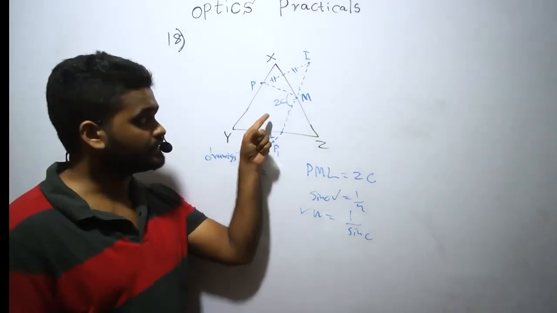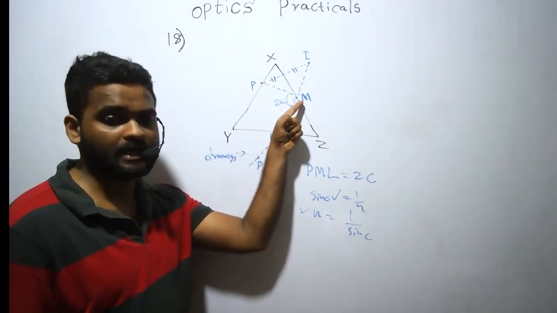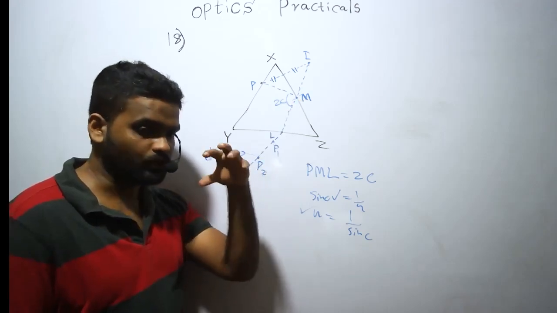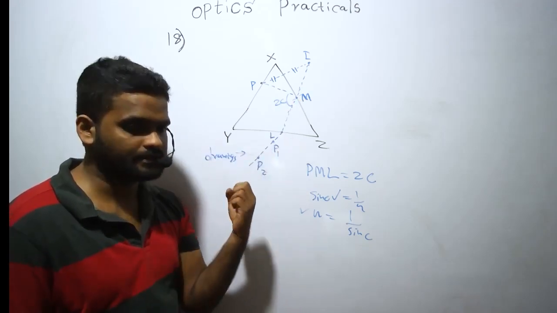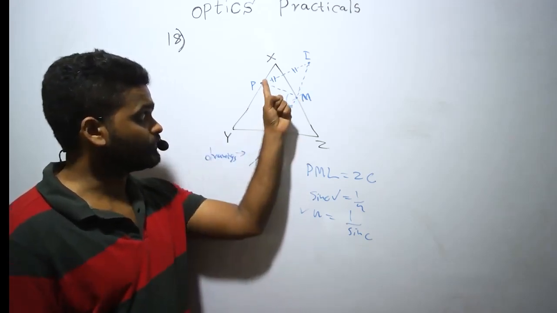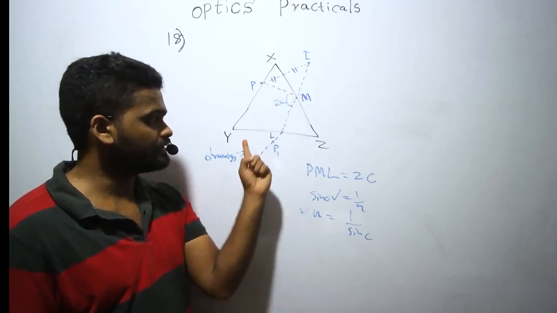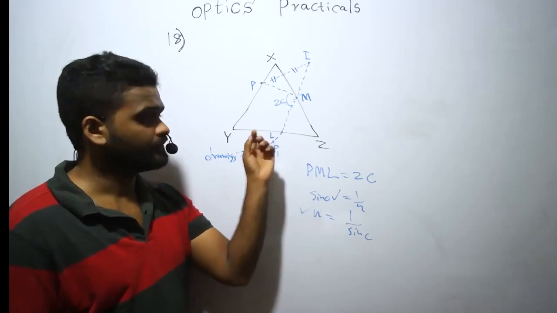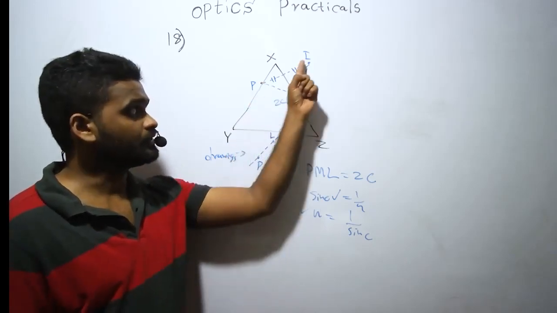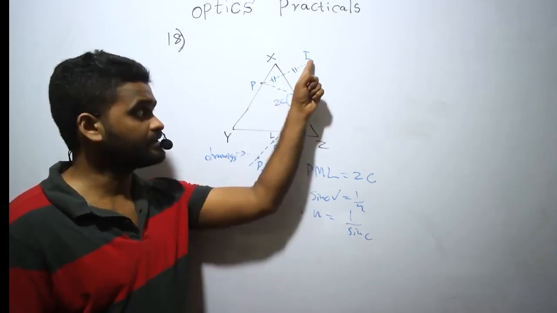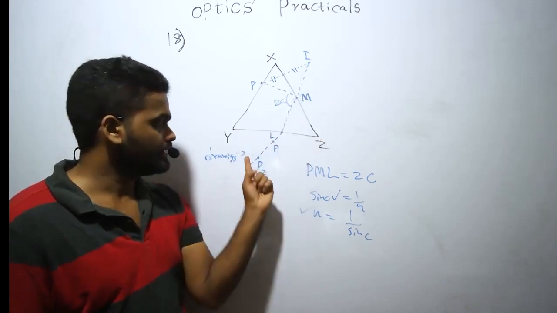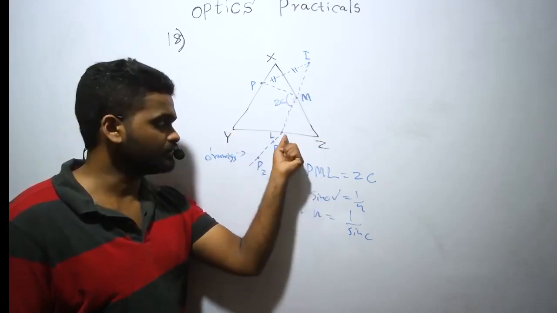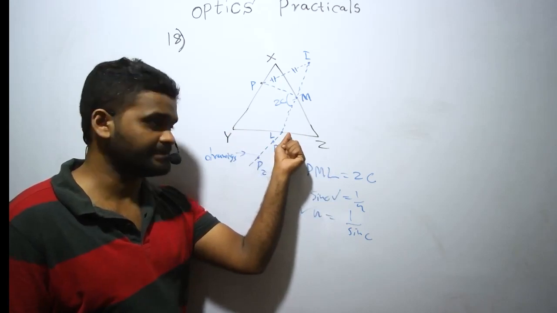Clearly understand, you cannot draw the PM line first, right? There's an order to draw these lines, understand? First, you can either draw PI or P1, P2 first. You draw this line first and find this point I. Then you extend this line till you get to the intersection of XZ.